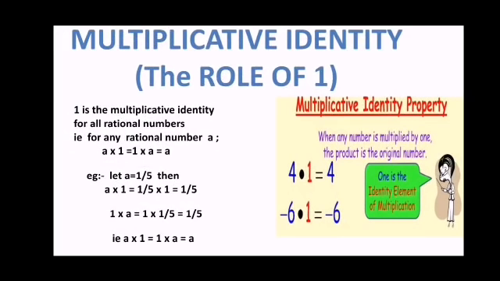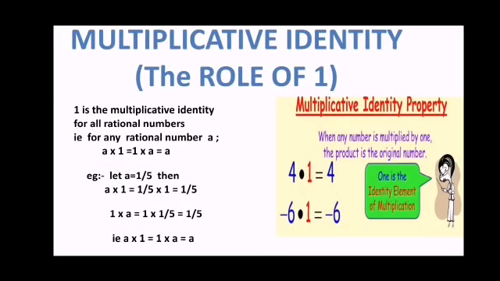Means a into 1 is equal to 1 into a equals a, the original rational number a. For example, if we take a as 1 upon 5, then 1 upon 5 multiplied by 1 is 1 upon 5 only. Or 1 into 1 upon 5 is also 1 upon 5. Then 1 is the multiplicative identity for rational number 1 upon 5.